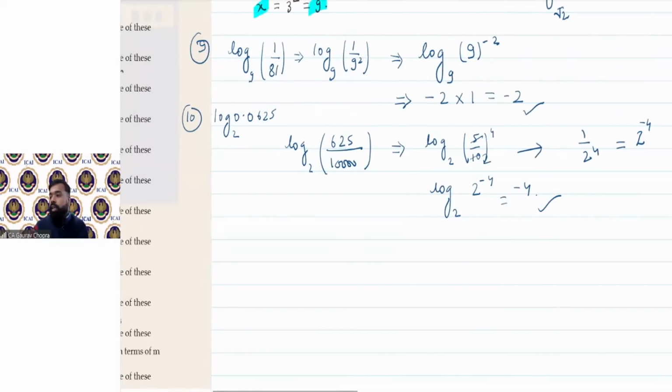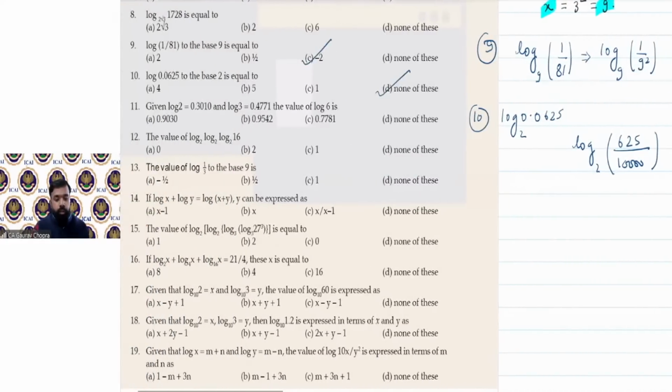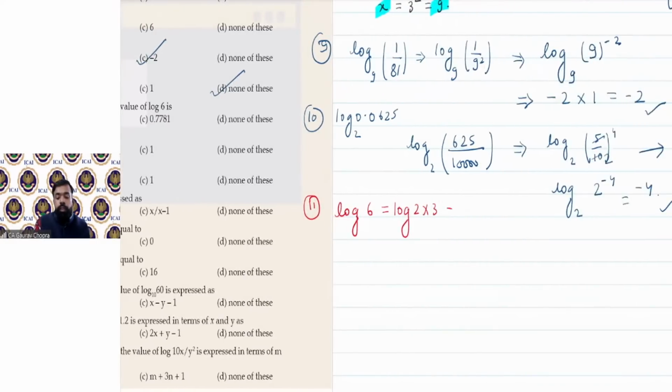Question number 11, some of the students have given the answer. That's great. Good going. Question number 11 says log 2 is given, log 3 is given, and you have to find the value of log 6. Let's do this. Log 6 can be written as log of 2 multiplied by 3, that is log 2 plus log 3.